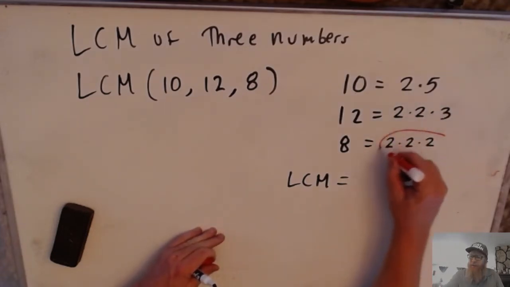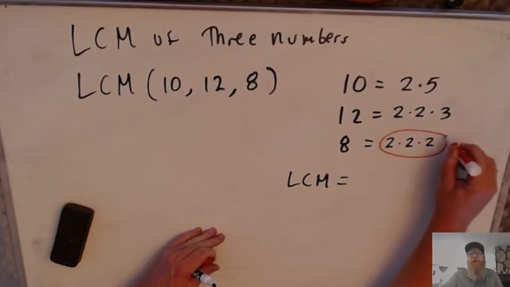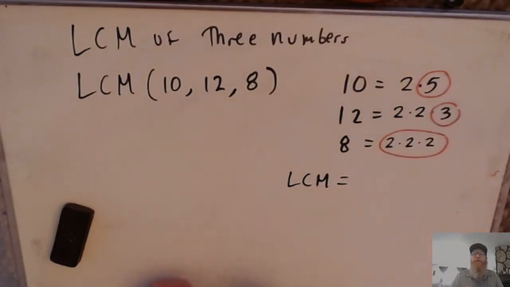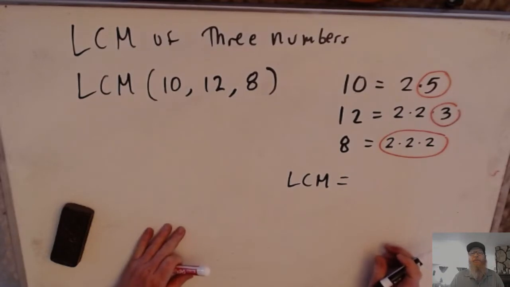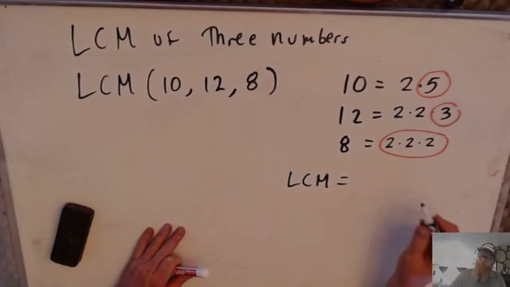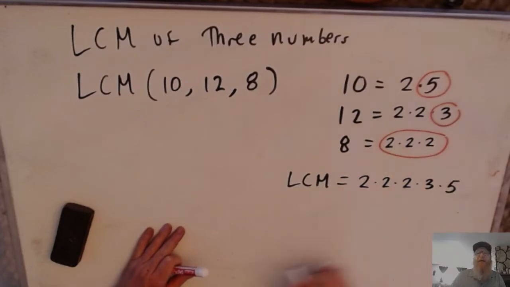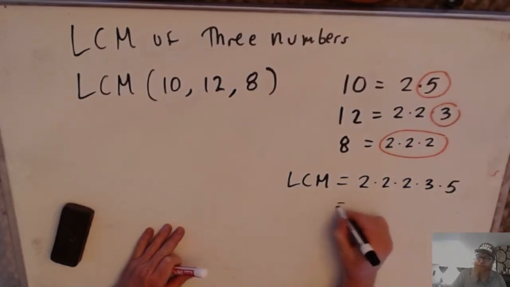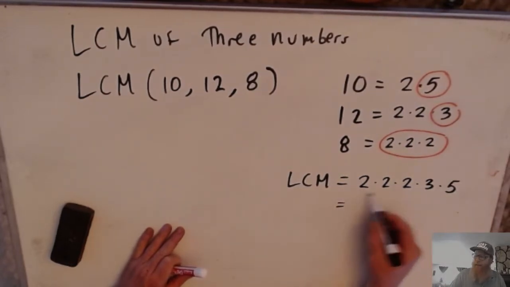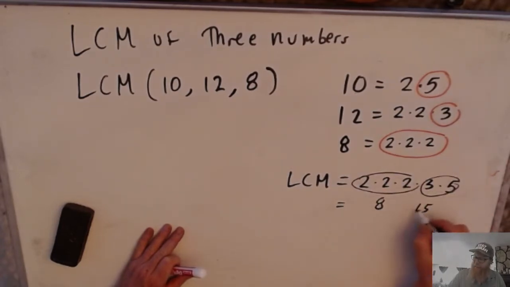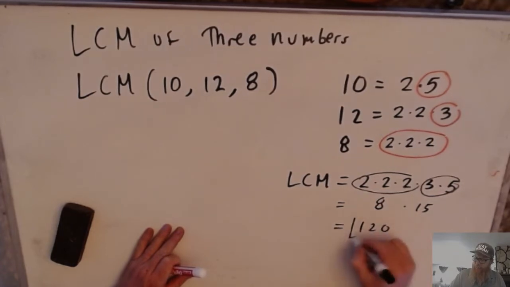So you're going to need 3 2s, 1 3, and 1 5. Okay, so that'll be 2 times 2 times 2 times 3 times 5. So the LCM would be, I don't know, you can do this on a calculator if you want. This is 8, that's 15, 120.